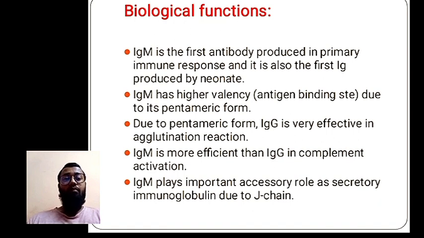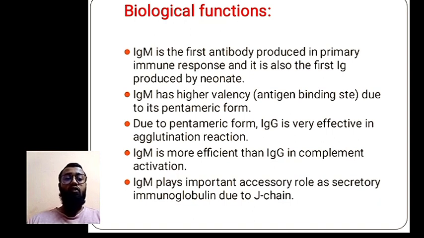and where the body is preparing the response against the antigen, because when the antigen enters, it evokes our immune response, like the T helper cell activates the B cell, and then the B cell produces a large amount of immunoglobulin. But in the primary response there is no other immunoglobulin present in our body, only IgM is circulating.